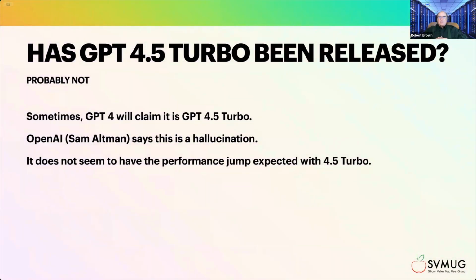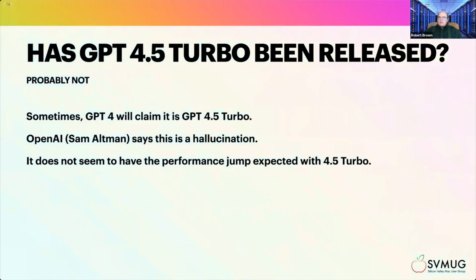Okay, GPT 4.5 Turbo. Some people noticed that if you ask GPT-4, which you get access to with your subscription account, what version are you? It would come back and say, well, I'm GPT 4.5 Turbo. Several different people reported on this independently.